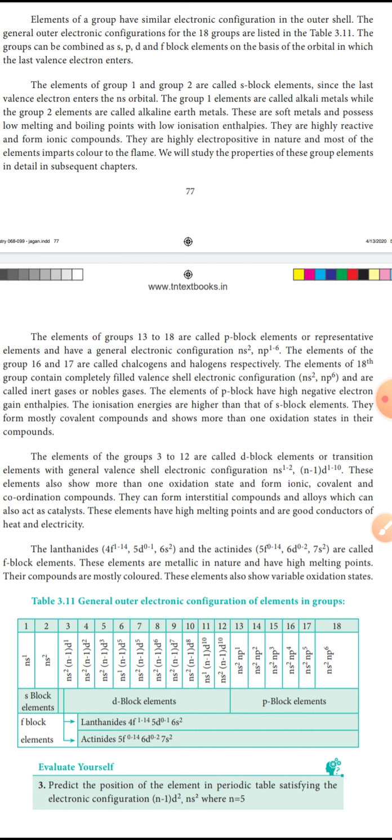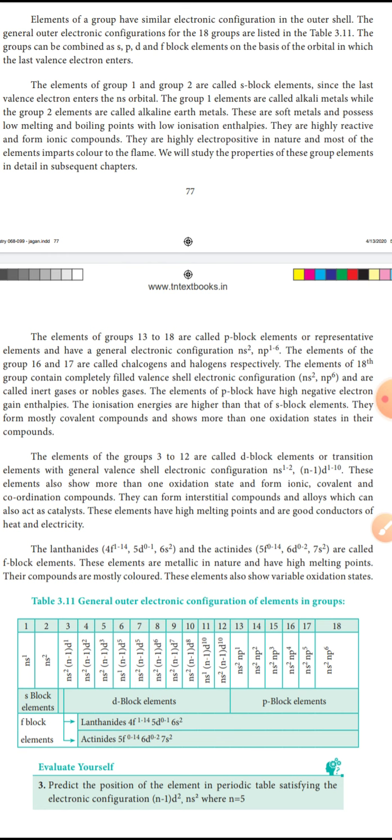These d block elements show more than one oxidation state and form three types of compounds: ionic compounds, covalent compounds and coordination compounds. They can form interstitial compounds and alloys, and they act as catalysts. These elements have high melting points and are good conductors of heat and electricity.